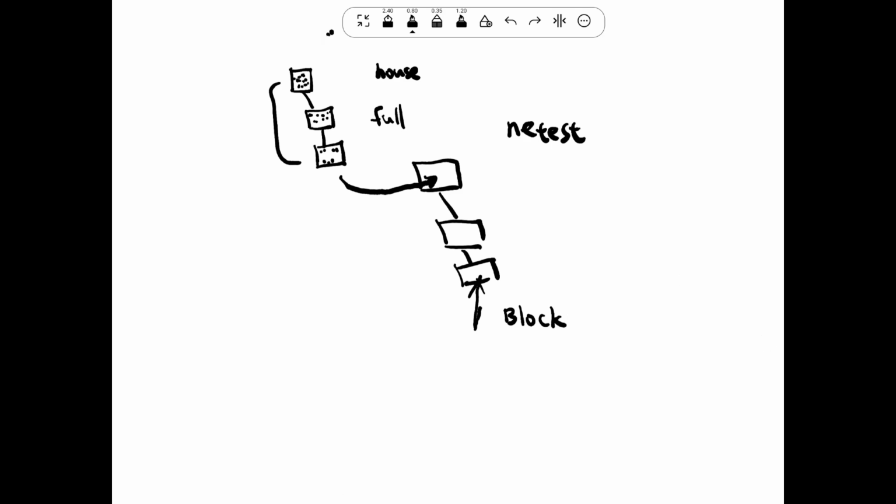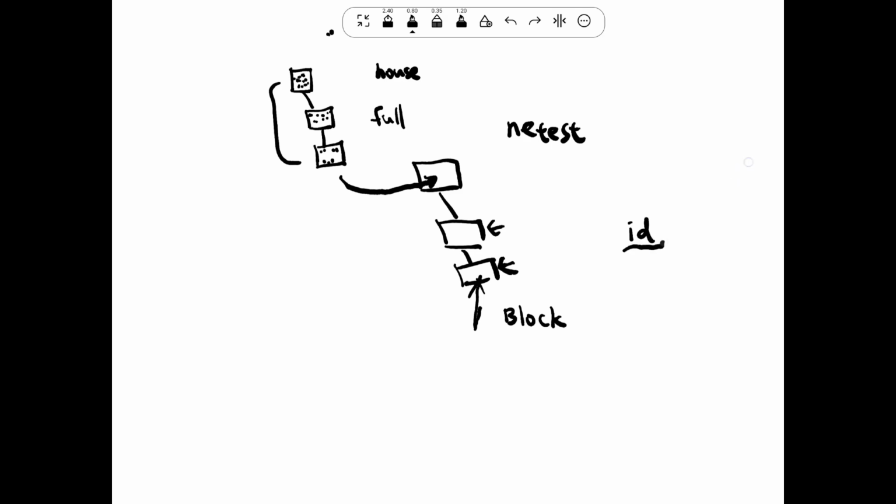In this image, we know this block's previous block is this one. But in the computer world, how do we let the computer know which is the previous block? The answer is using an ID.